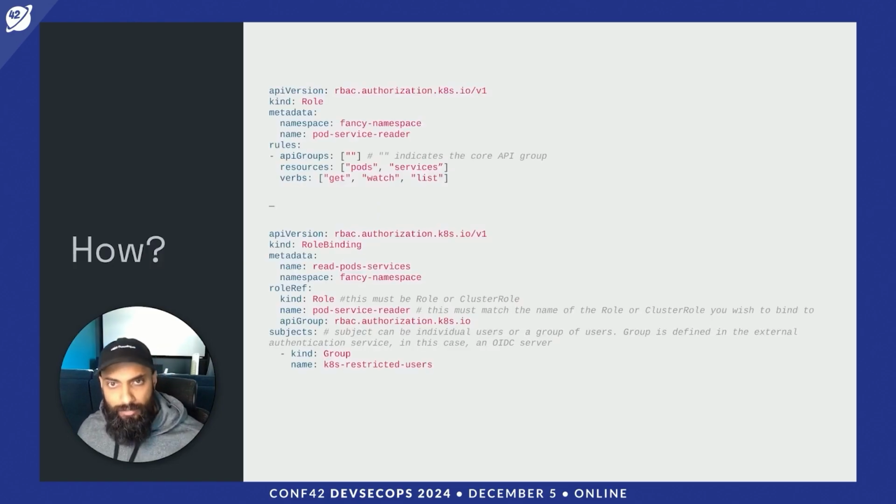Here is an example of a role and role binding that lets users view pods and services. I would recommend checking out the Kubernetes documentation on RBAC for further learning. This is a very simple example. You can do much more with roles and role bindings. You can control who has access to what on a namespace level or the resource level, for example.